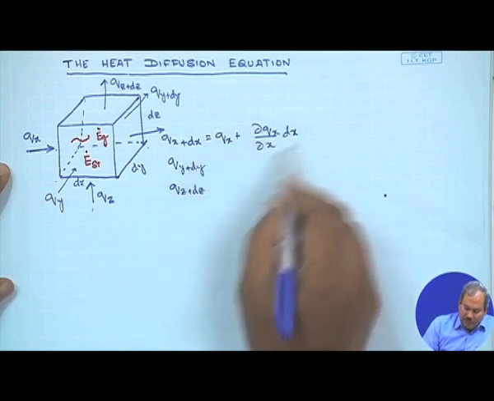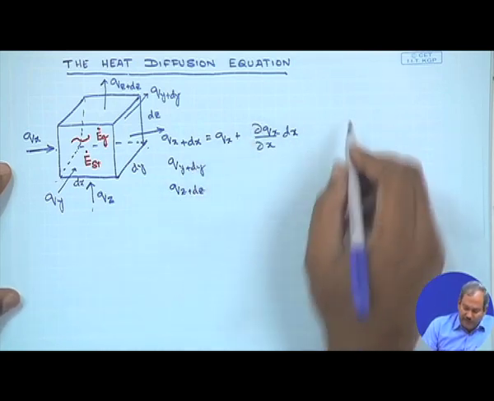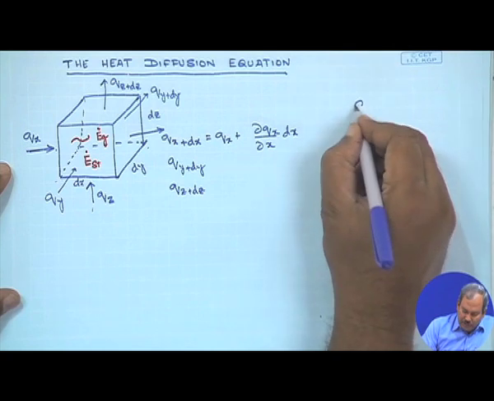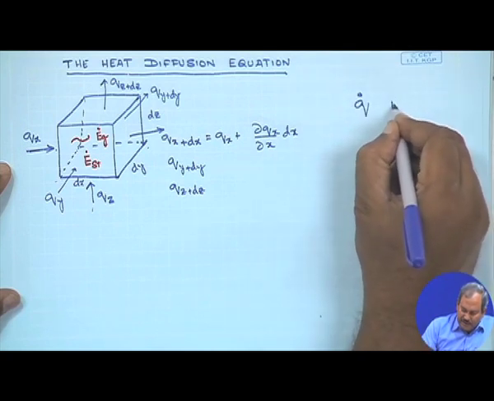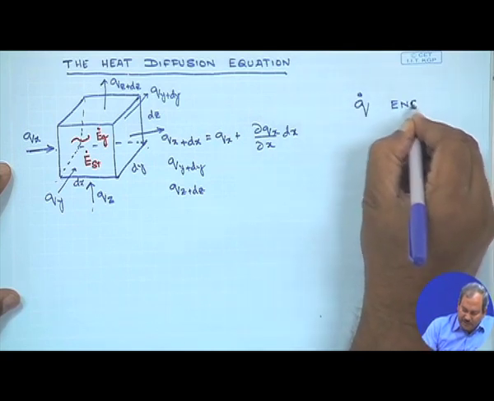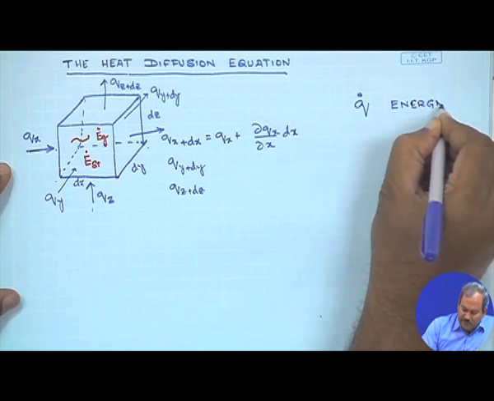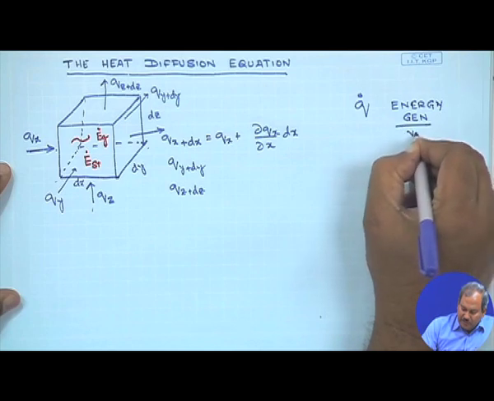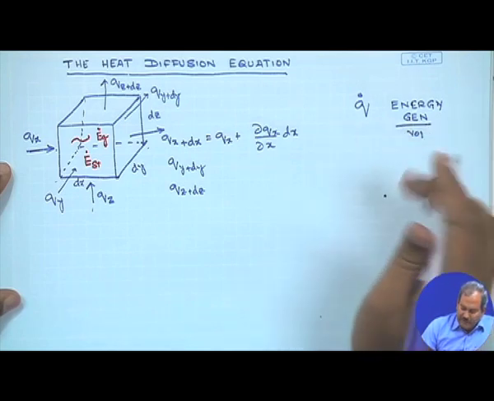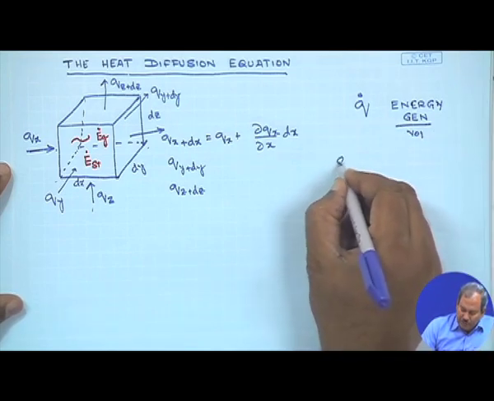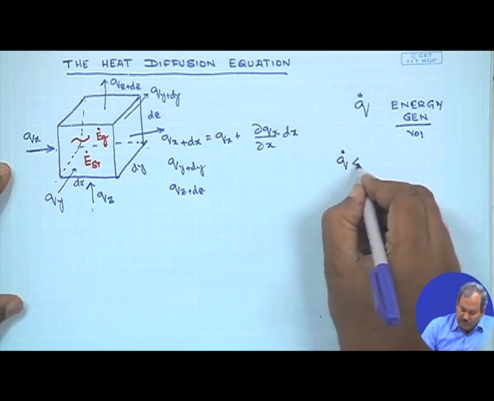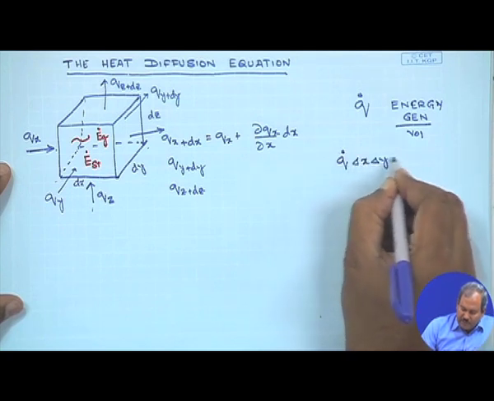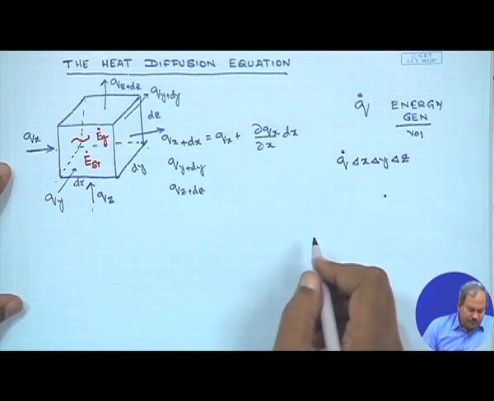So you can simply write it, and if you assume that q dot is the energy generated by some means, could be nuclear, per unit volume inside this, then the total amount of heat generation in this control volume would simply be equal to q dot times del x, del y, del z.